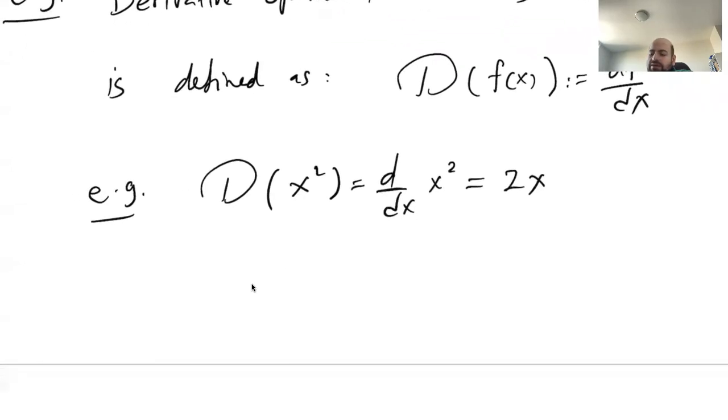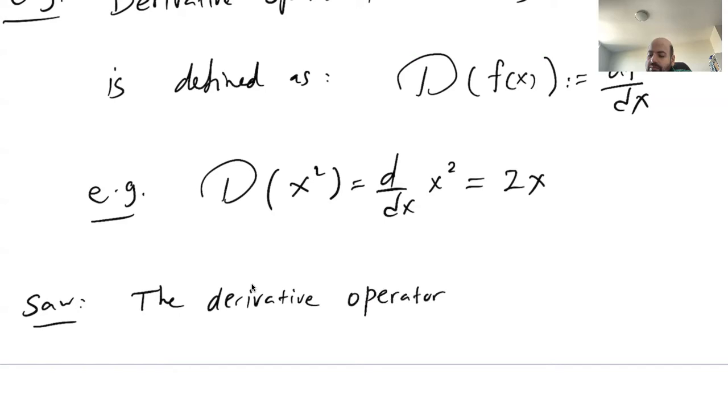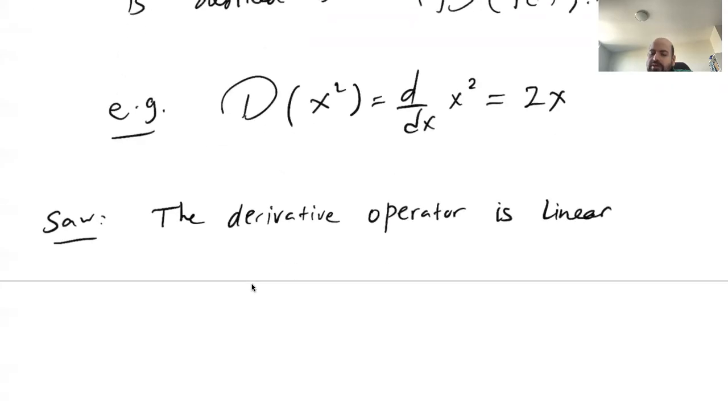You also saw that this operator, this transformation, the derivative operator, is linear. And what was the meaning of a linear transformation?